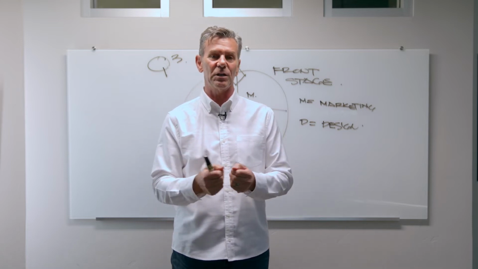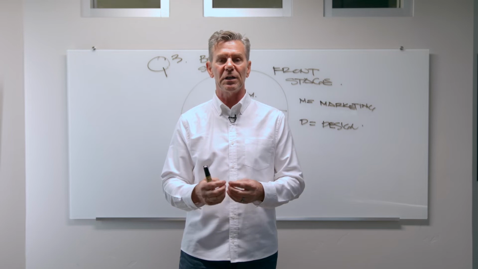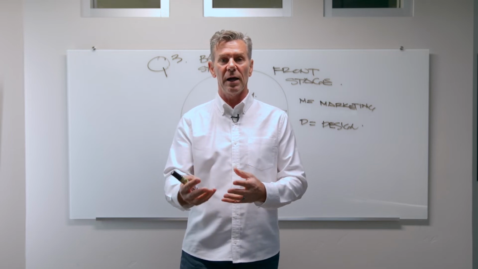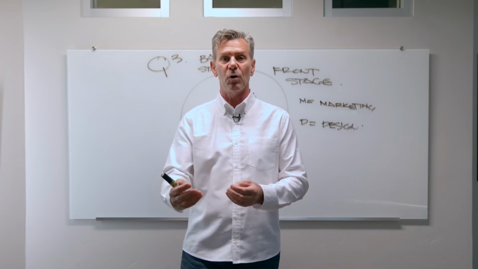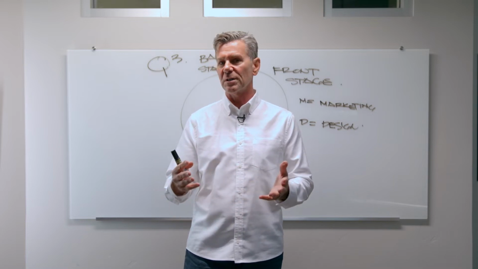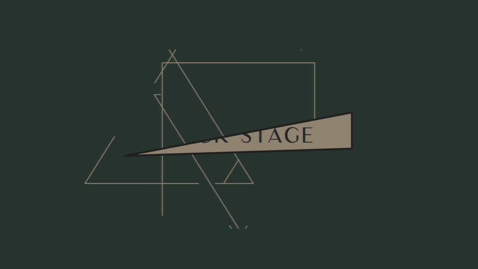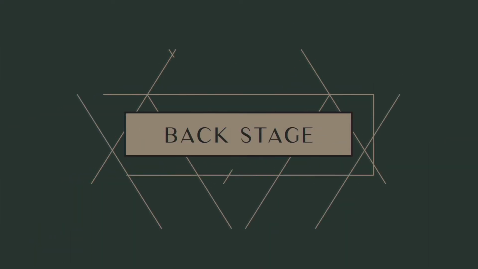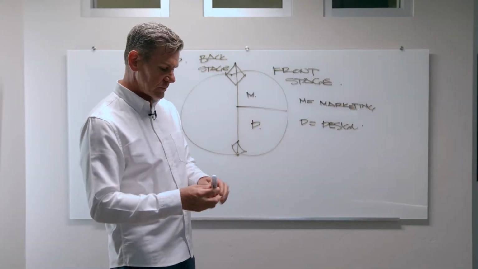Design means the things that you show up with, right? The things that you will deliver to your client, your customer, or the stakeholder for which your business exists, right? So that's a real quick snapshot on what the front stage is. The backstage also has two quadrants.